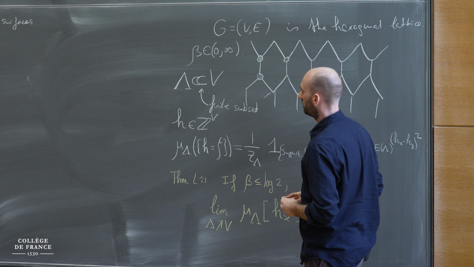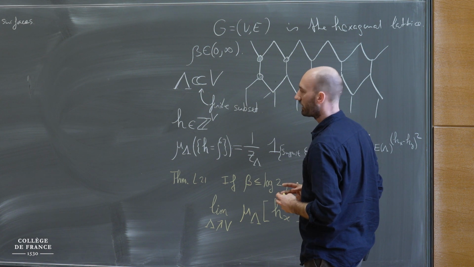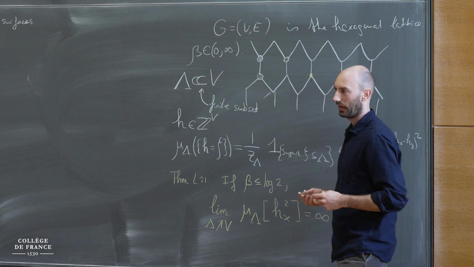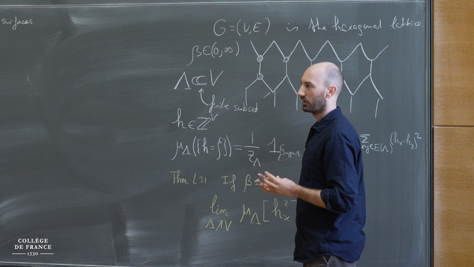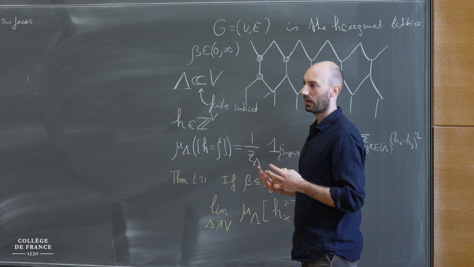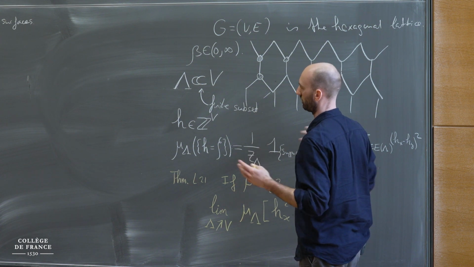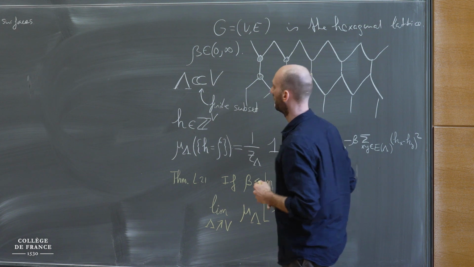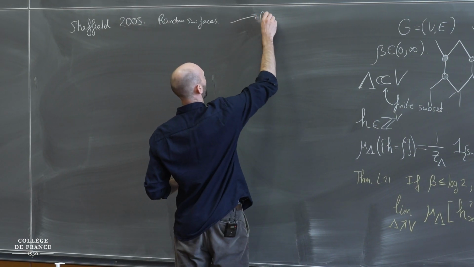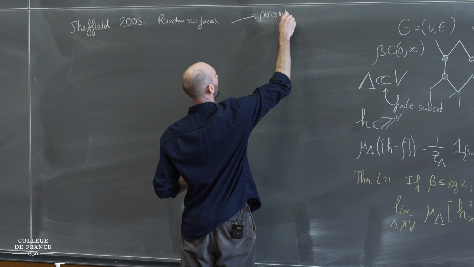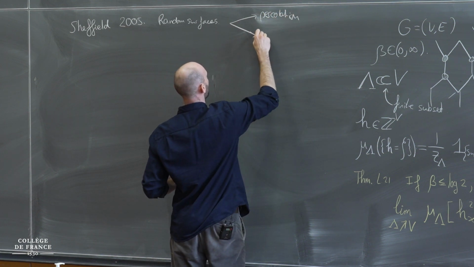And he studies these height functions using percolation theory. It is essentially the first work in which percolation theory is systematically used to study height functions. So he used certain ideas, that we're going to discuss later, about percolation and also height functions.